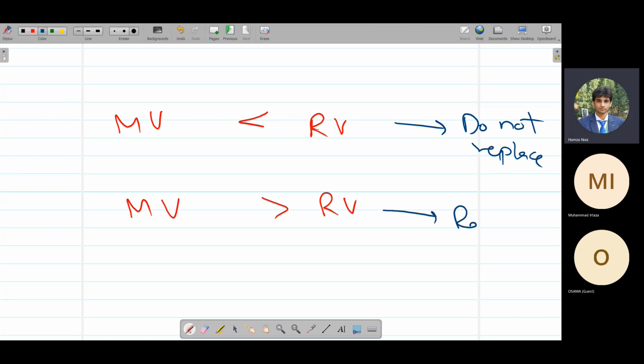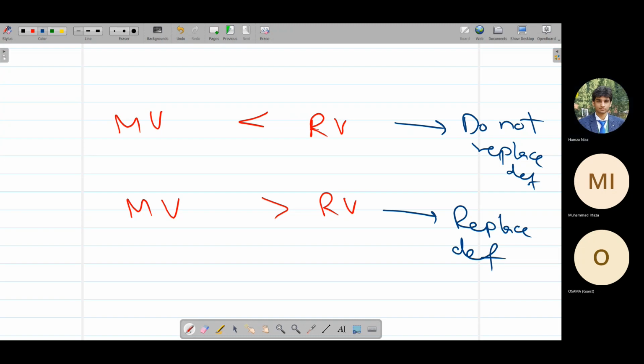In the second case, replace the defender. In the first case we are not getting sufficient profit, so we are not going to replace the defender. In the second case, we are getting more profit, so we are going to replace the defender. Clear?